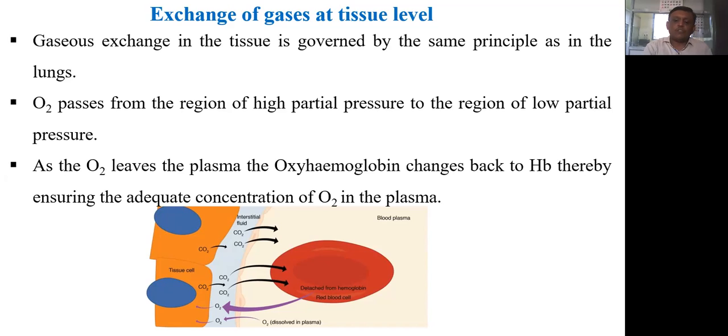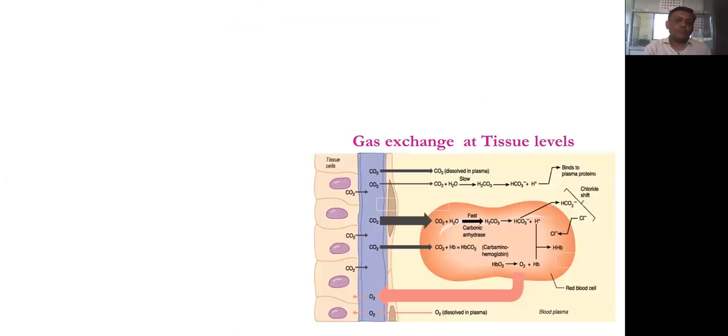As in the plasma the partial pressure of oxygen increases, naturally this will create a difference in concentration gradient between the level of oxygen in plasma and in the tissues.